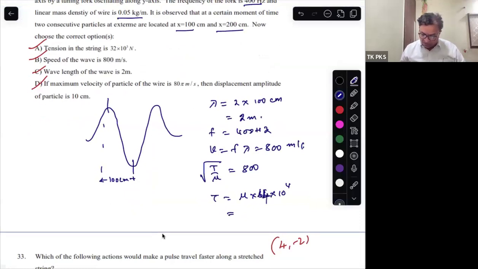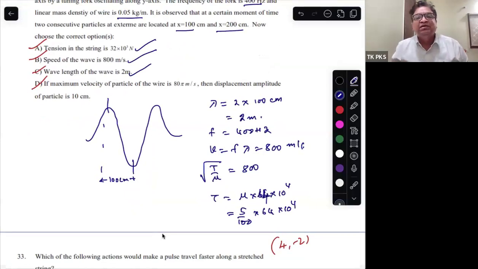Mu you have given 5 by 100 into 64 into 10 power 4. So solving which, the tension is correct, they were absolutely correct. Speed of the wave, 800 meters per second, absolutely correct. Wavelength of the wave, 2 meter, absolutely correct. At least these 3 you can answer. Whether you are comfortable with that or not, that's a different story.